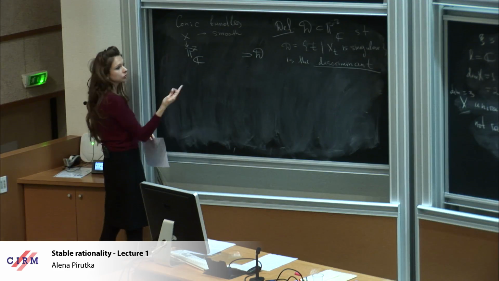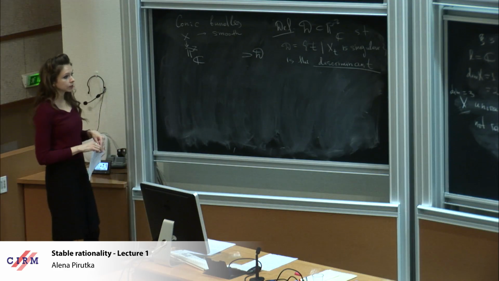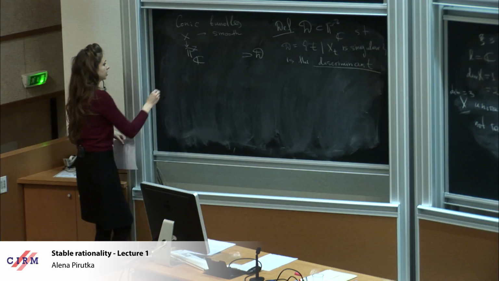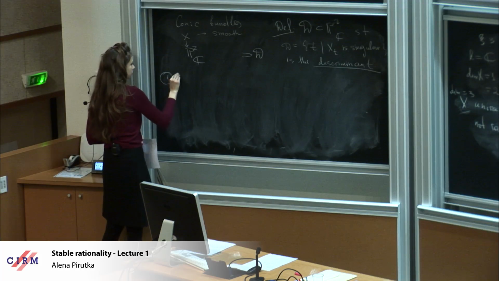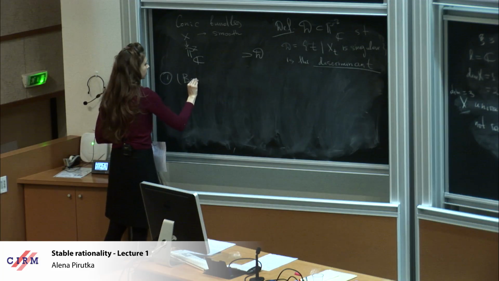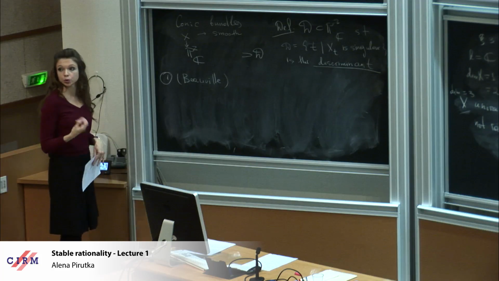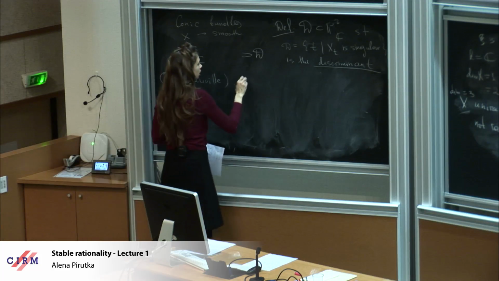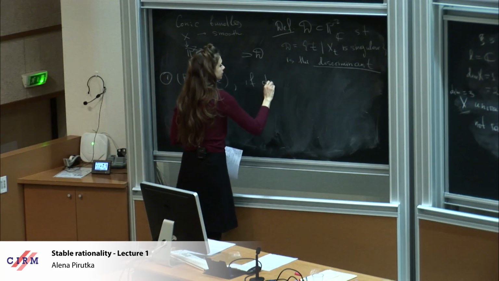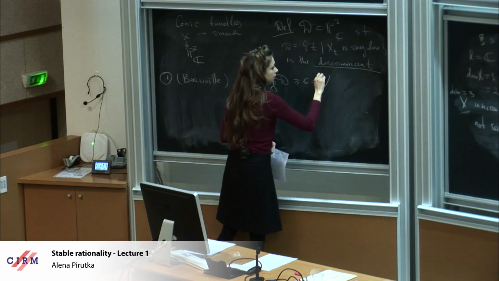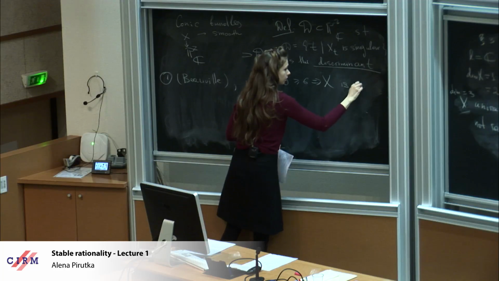And in terms of this discriminant, one has several results on rationality, stable rationality, and unirationality. First, this is due to Beauville. D is a curve in P^2, so one can consider the degree of D. If the degree of D is at least 6, then there is no rationality.